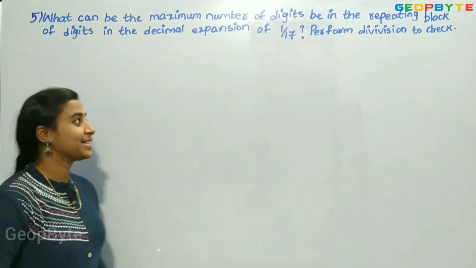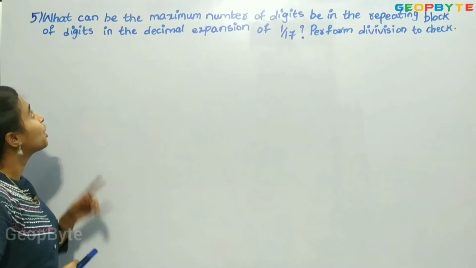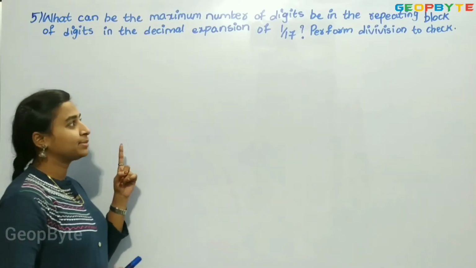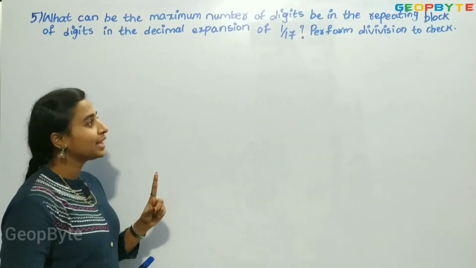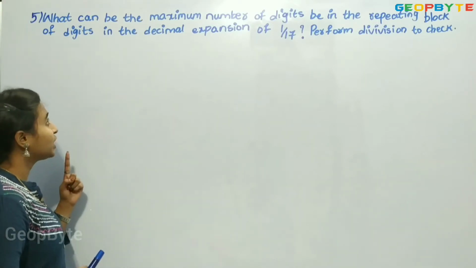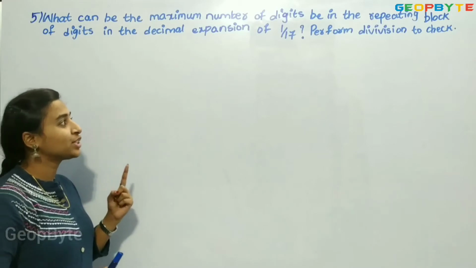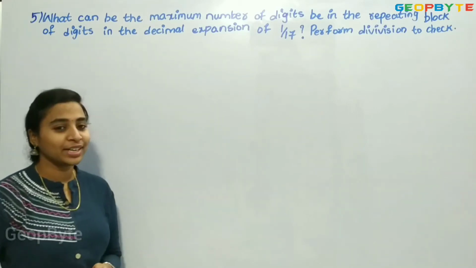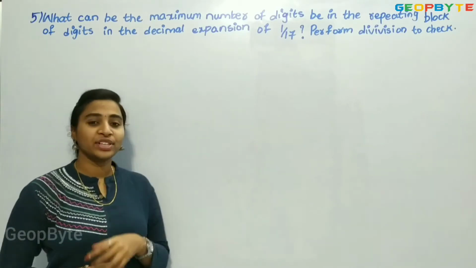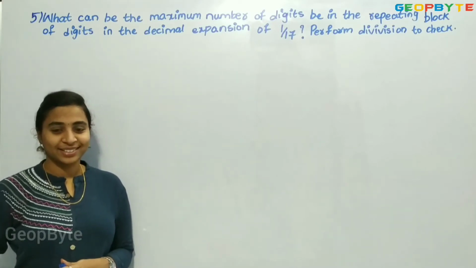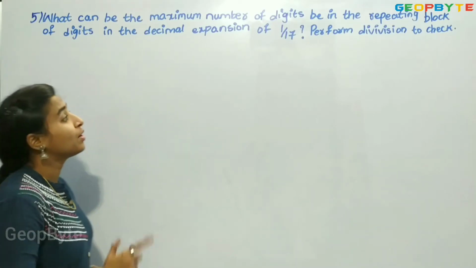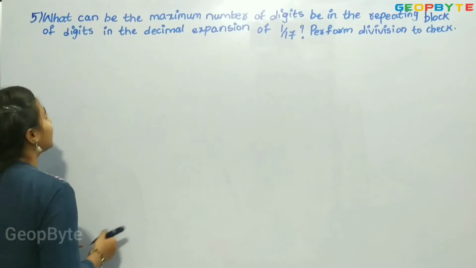Now, let us see the fifth question. What can be the maximum number of digits in the repeating block of digits in the decimal expansion of 1 by 17? Perform division to check the answer. Let us perform division. We have 1 by 17.